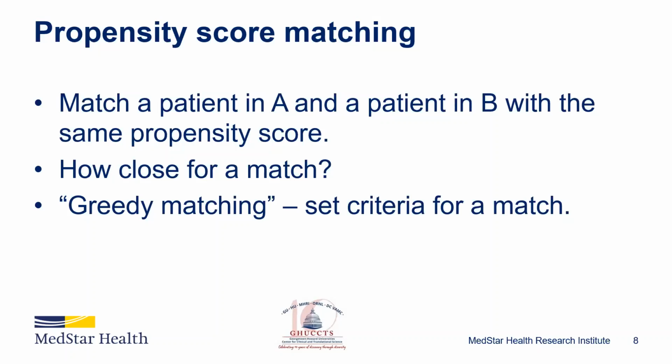Typically what is done is we set a criteria for a match. And a term that's used is greedy matching. That is, we're going to set a criteria for match, and then everyone who has a smaller criteria will be included for a match.